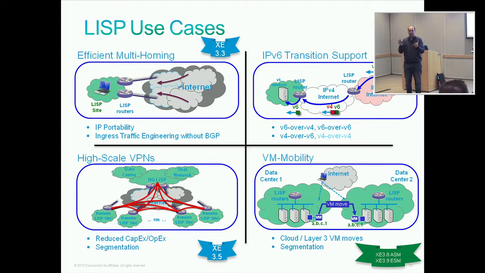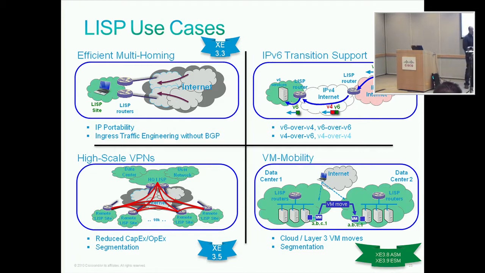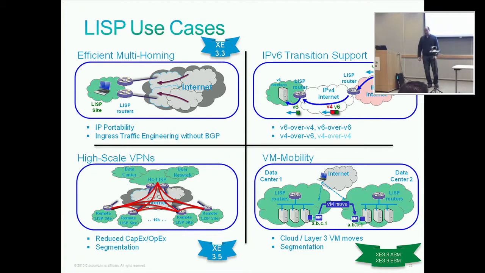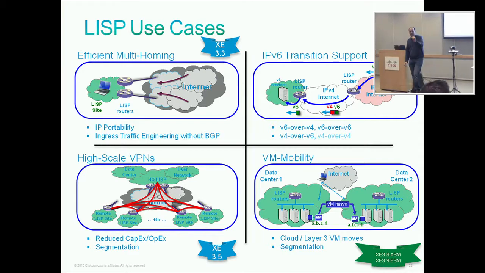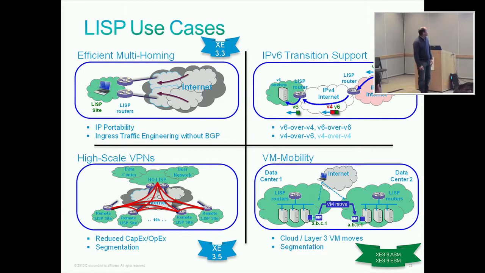So when you move the links, it's as if you are moving from one data center to another data center. It's the same concept. Multi-homing and mobility, even though they are different use cases, are actually exactly the same concept, with a few tweaks here and there. We started supporting it in XE 3.3. This was a couple of years ago, so it's been more than 2, maybe 3 years.